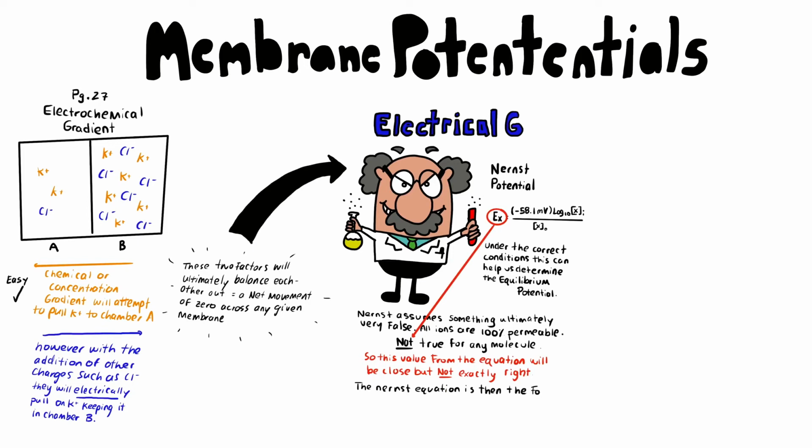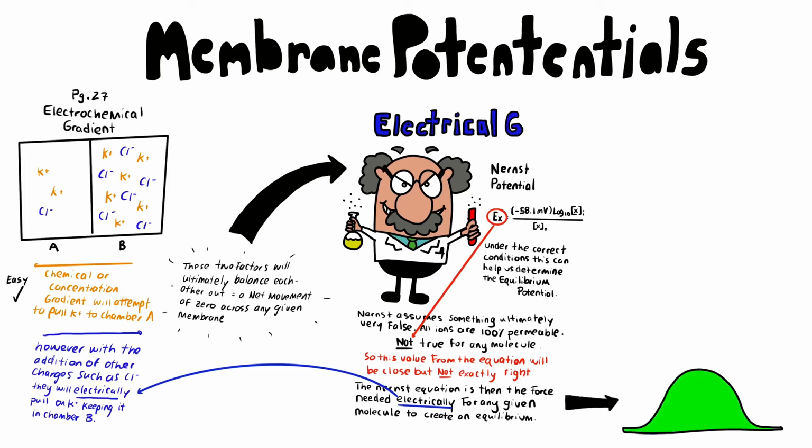The Nernst equation, though, helps us determine the force that electrically is going to prevent a molecule from either following its concentration gradient or other driving force. If you think about this like a hill, and if you were to kick a ball down a hill, there's going to be a certain force needed in order to keep that ball from rolling all the way down.